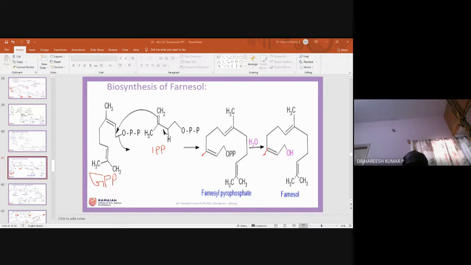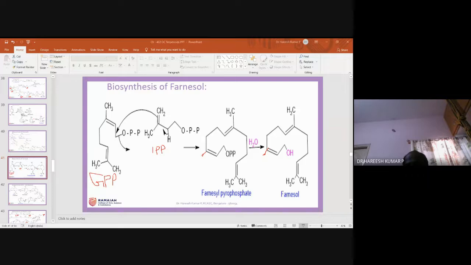And the remaining part, that is CH2, CH2, CH2, CH2, and this double bond CH3. This is the double bond. This is the CH3. And since there is a loss of proton here, there will be an exocyclic double bond. So this is an exocyclic double bond.